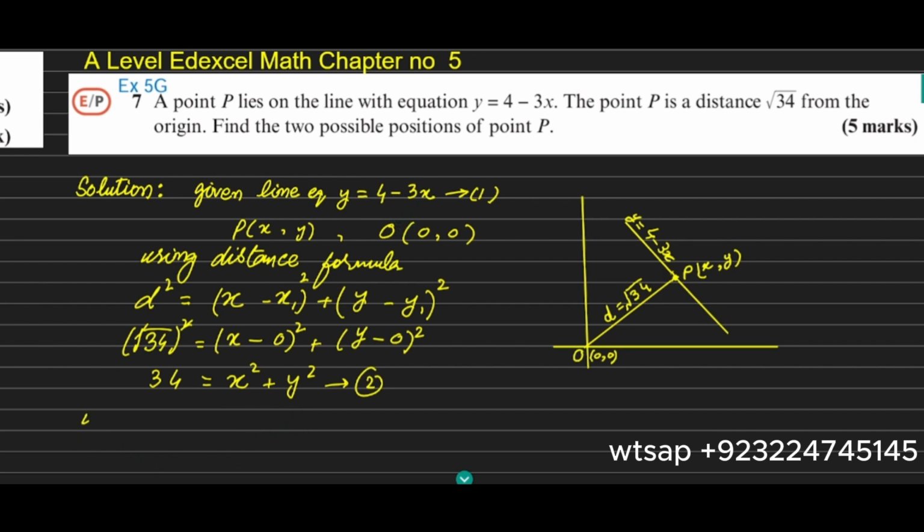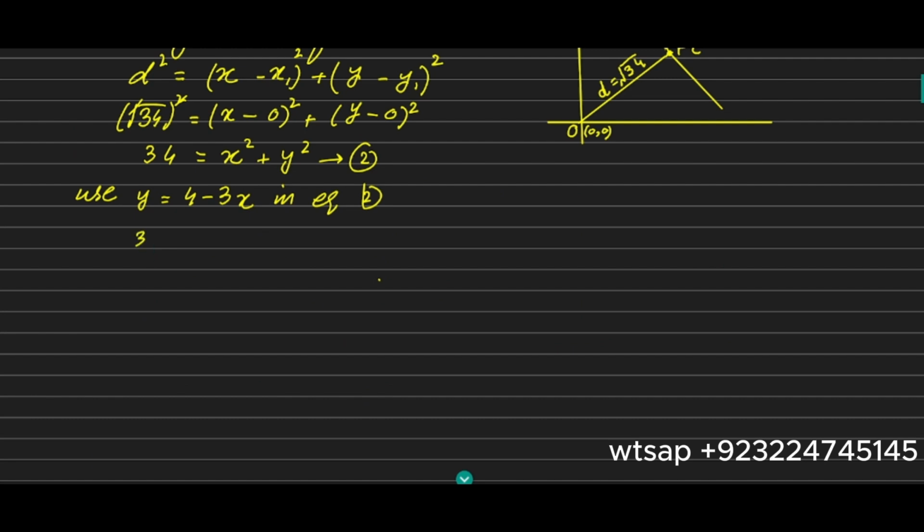So we will get 34 equal x square plus, in place of y, we will write (4 minus 3x) square. Now we will simplify it. We get 34 equal to x square plus the square of 4 minus 3x. The square of 4 minus 3x will be 16 plus 9x square minus 24x.